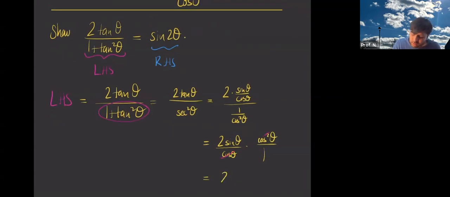What's left? 2 sine theta cosine theta. But what's 2 sine theta cosine theta? Isn't that sine of twice the angle? Isn't this exactly the right-hand side? Doesn't the left-hand side equal the right-hand side? And we are finished.